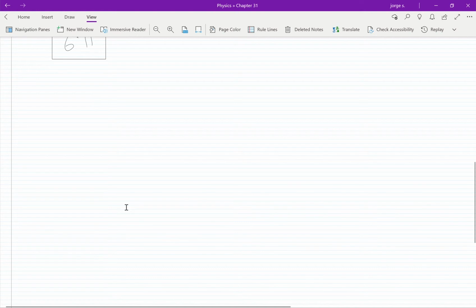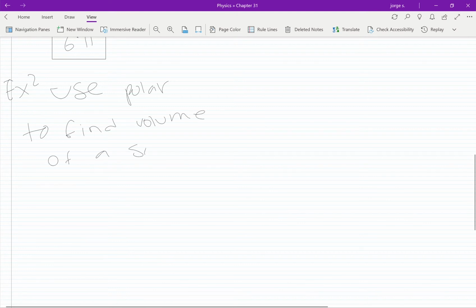Another thing we can do is find the volume with polar coordinates. So for this example 2, we will use polar coordinates, what we just learned, to find volume now of a solid region.